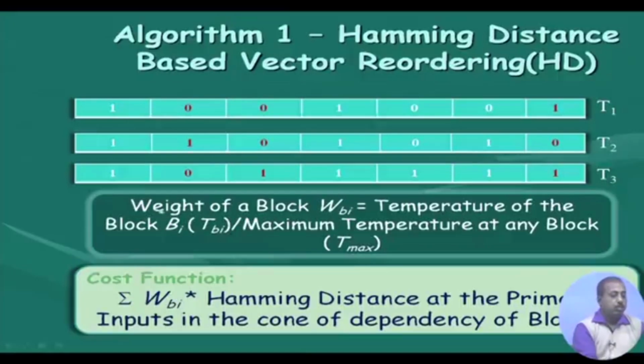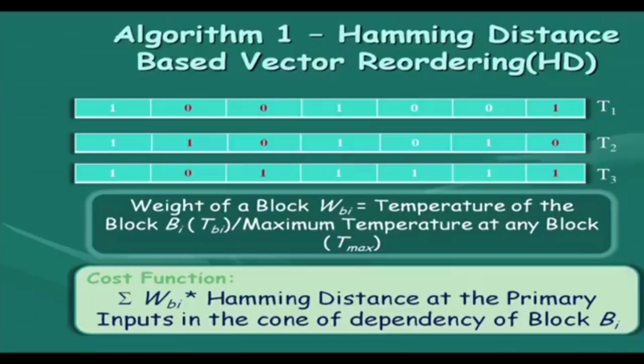So, what we do, we assign some weight to every block. This is equal to the temperature of the block Bi, which is given by T Bi, divided by the maximum temperature of any block, T max. Given a test pattern set which is unordered, we do a thermal simulation and find out the temperature of each individual block, and for the entire chip the maximum temperature.